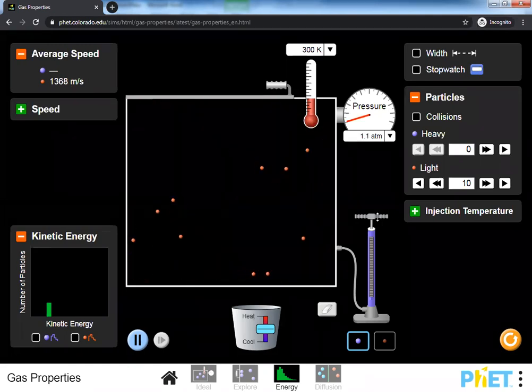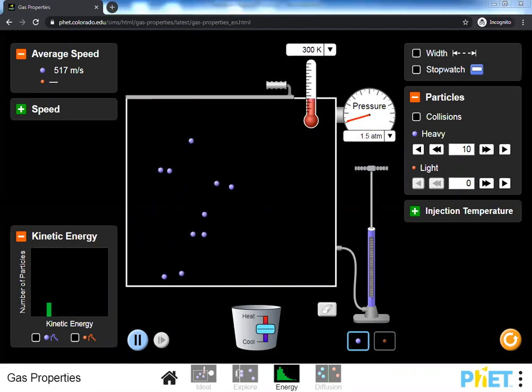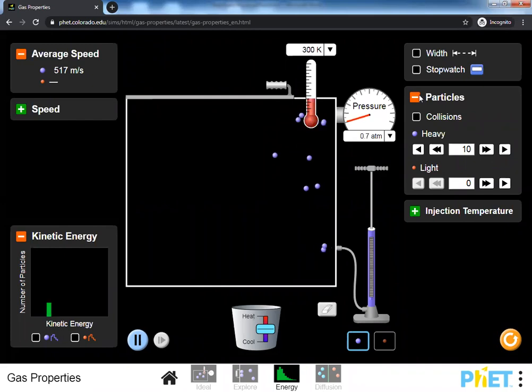And if you look at the other one, go back to the other one, and if you look at the speed, it would be 517. Okay, meters per second, I'm sorry here. So that's the idea, is that they do not change this way.